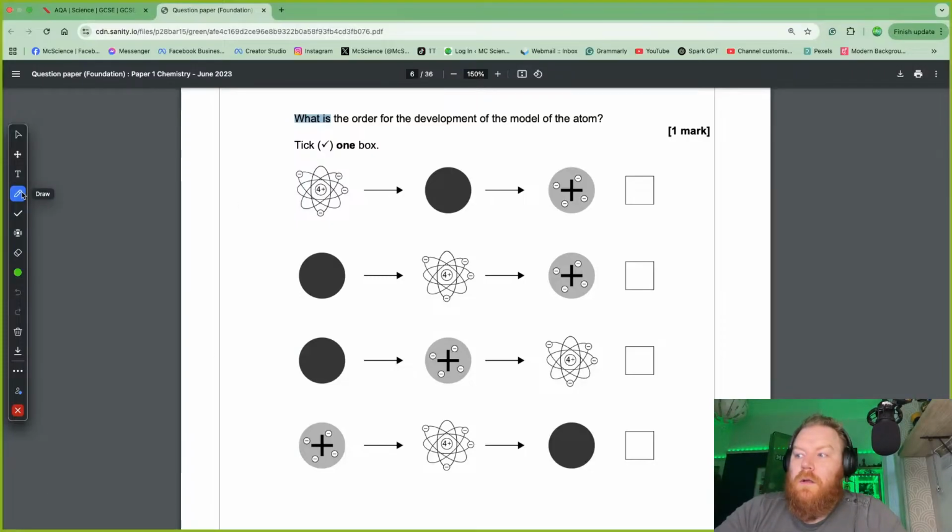So looking at these three, our answer would be the third one. Now, notice it's got the +4 here. That's not necessarily for every single atom. This varies, obviously, depending on the atom we're looking at. But in this situation, this is what we'd be actually discovering.